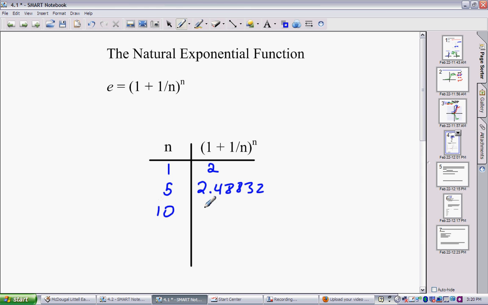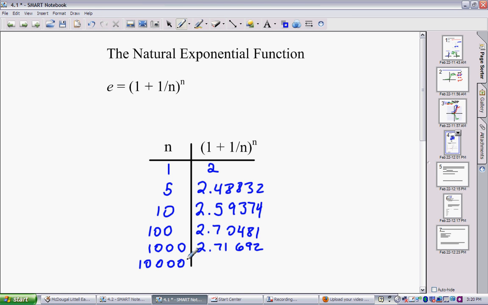Up to 10, 2.59374. Plug in 100, 2.70481. 1000, 2.71692.